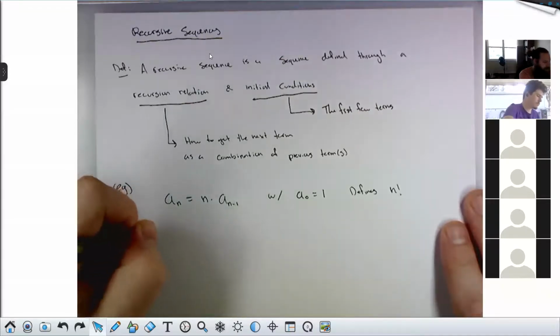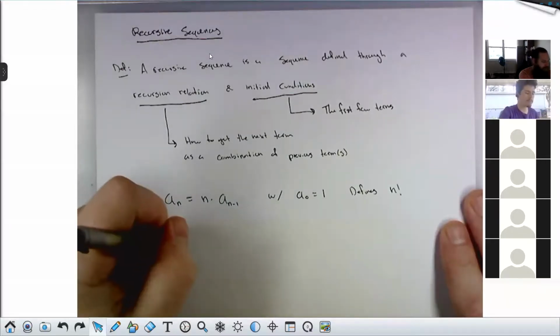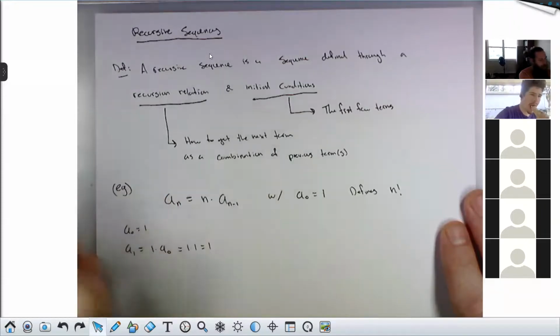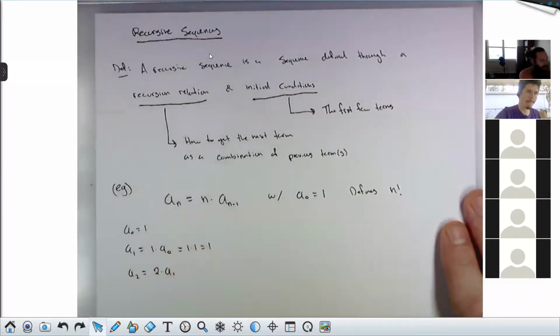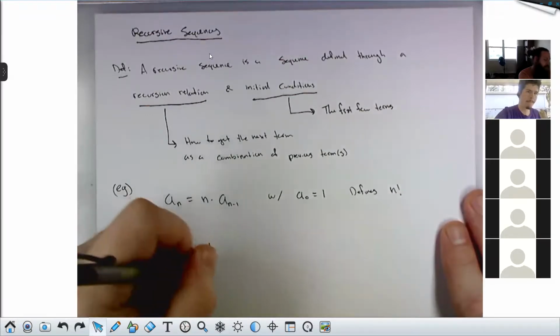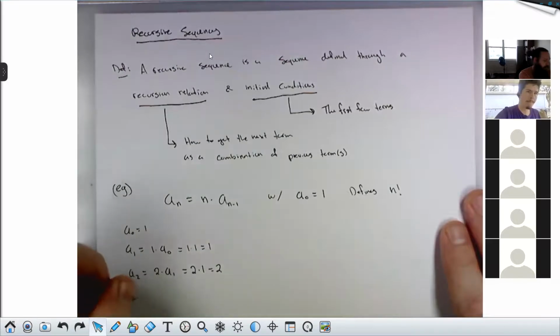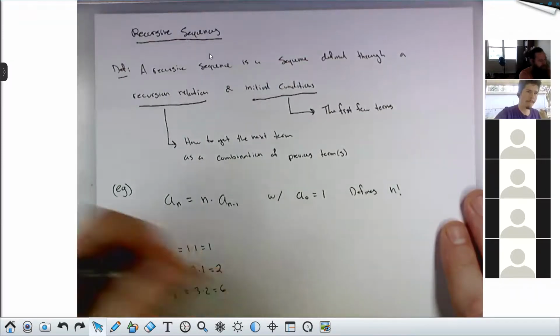That would be 1 times a_0, and since I know a_0 is 1, this is 1 times 1, which is 1. a_2 would be 2 times a_1, which is 2 times 1, or 2. a_3 would be 3 times a_2, which is 3 times 2, or 6.